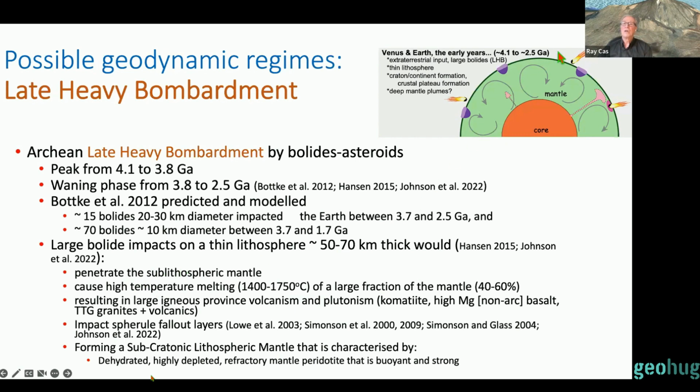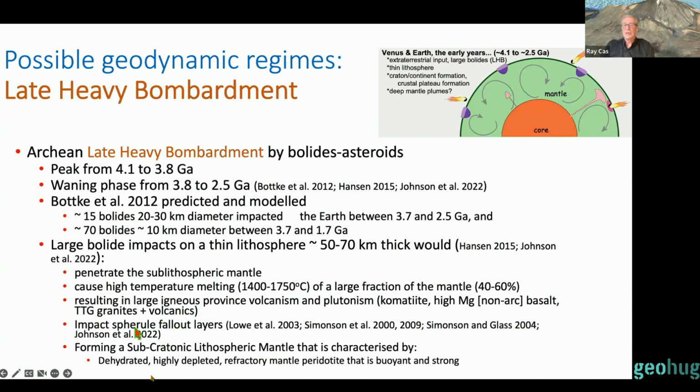Those bolides would penetrate into the sublithospheric mantle, cause high temperature melting of a large fraction of the mantle, perhaps as much as 40 to 60%, resulting in large igneous province volcanism and plutonism, komatiites, high magnesium non-arc basalts, ultimately evolving into TTG granites and associated volcanism.